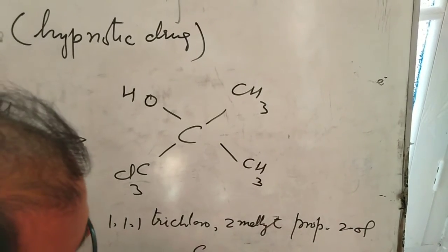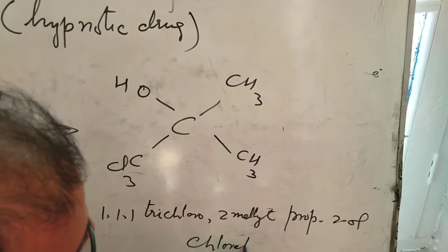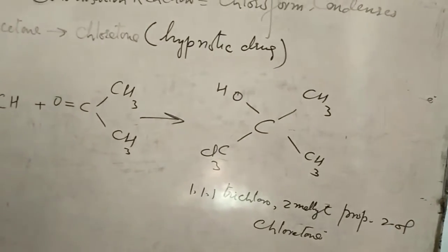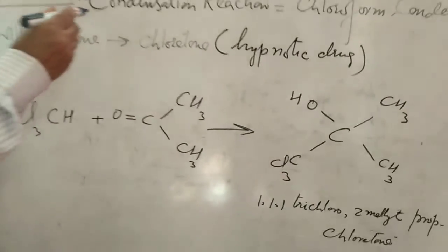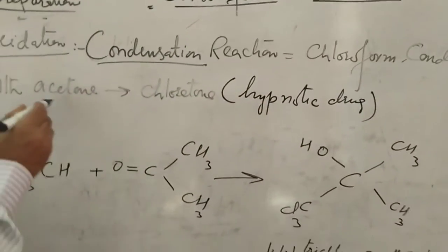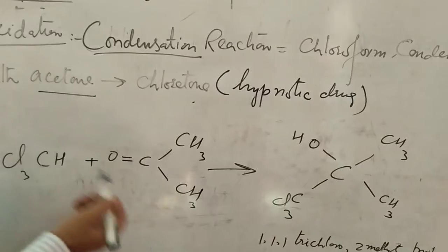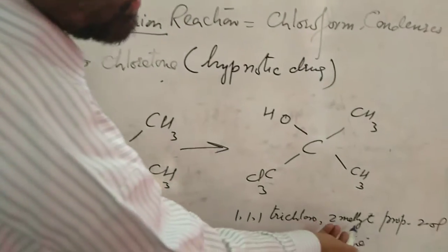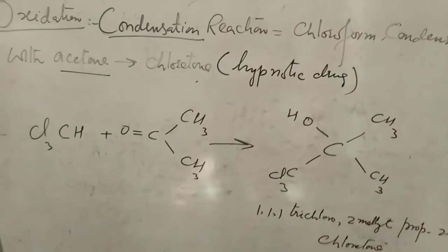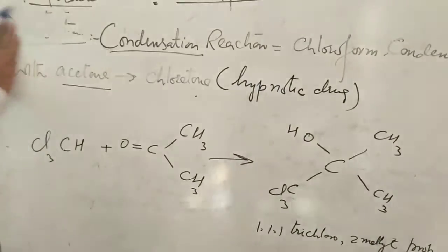So this is chloritone. Chloritone is formed. So in the condensation reaction, chloroform condenses with acetone and forms chloritone, that is 1,1,1-trichloro-2-methylpropan-2-ol. This is trade name chloritone. It is used as hypnotic drug. This is the condensation reaction.